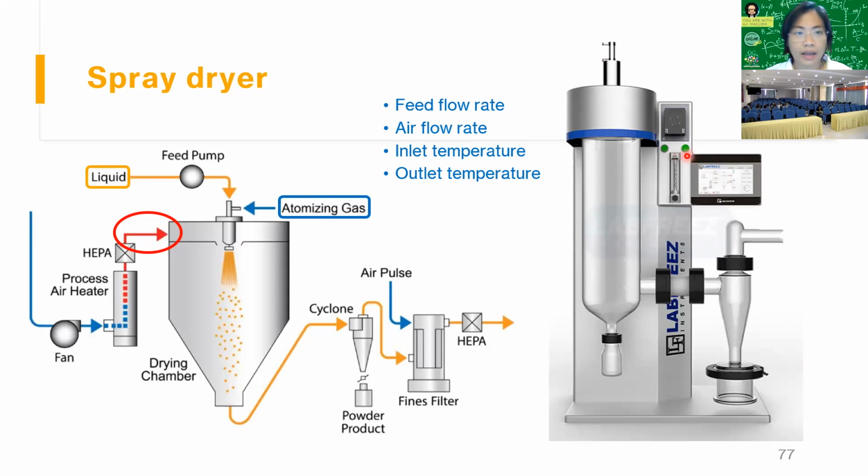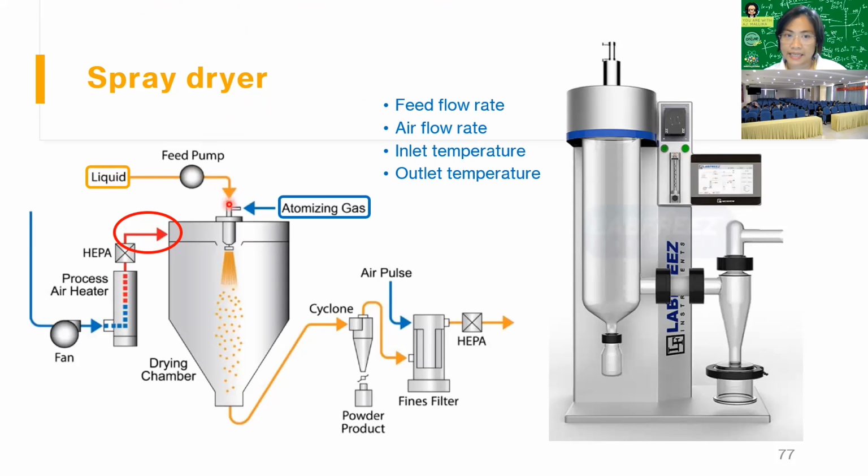One type of dryer that we see a lot is a spray dryer. I'll go briefly through this. In spray drying, you can dry the liquid and make a powder. So you have something dissolved in your liquid.